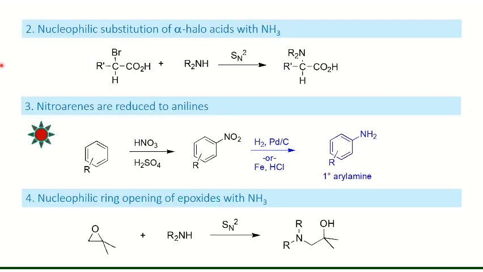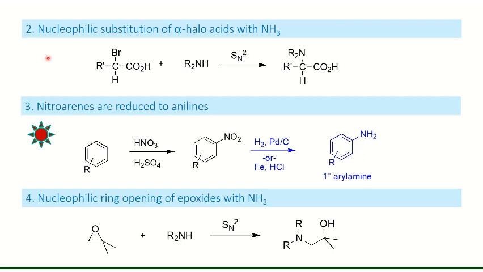I kid you not, when you look at these other syntheses for amines, it's sort of like a who's who of the stuff that we reviewed in the past, because here, for example, you can see we take this amine and react it with a carboxylic acid. This carboxylic acid most likely was generated from the Hell-Volhard-Zelinsky reaction.